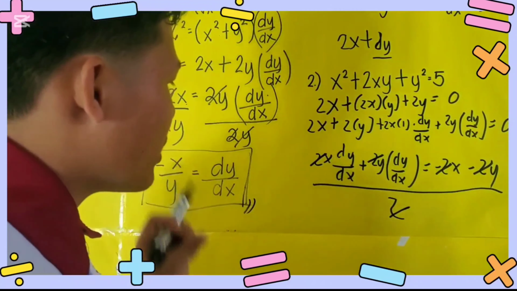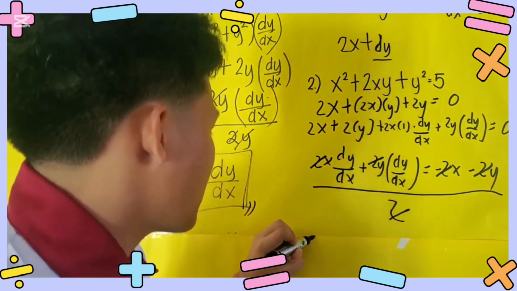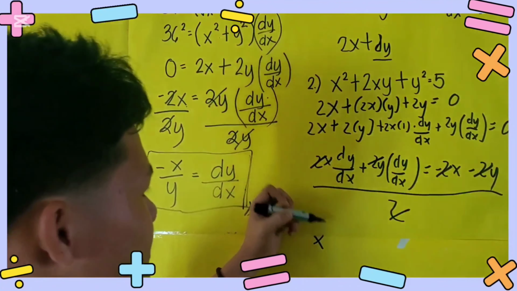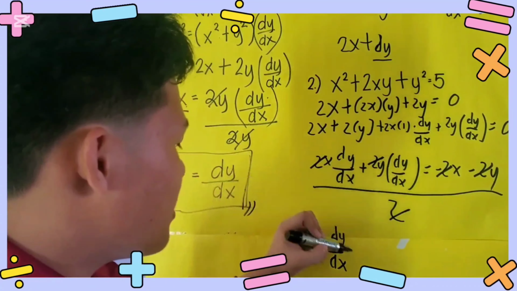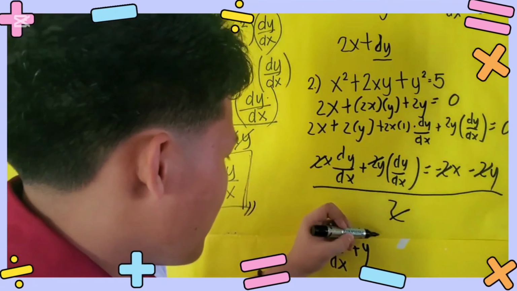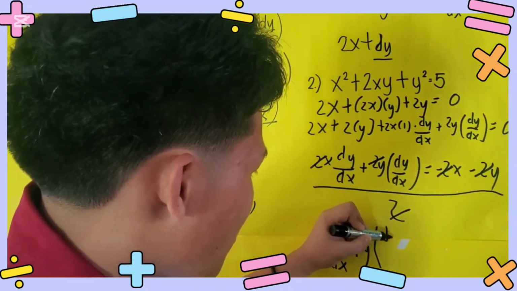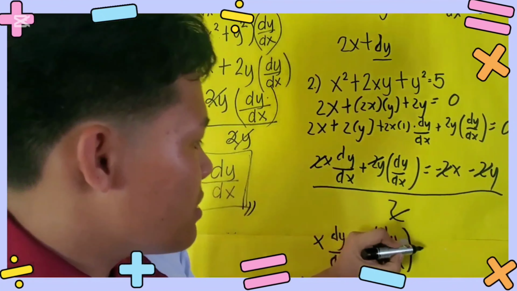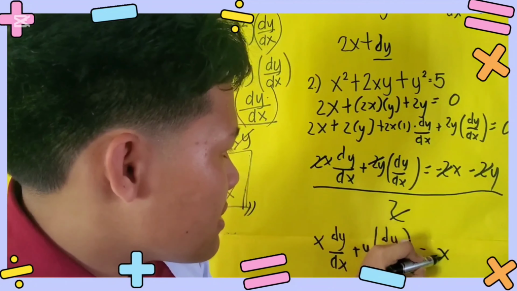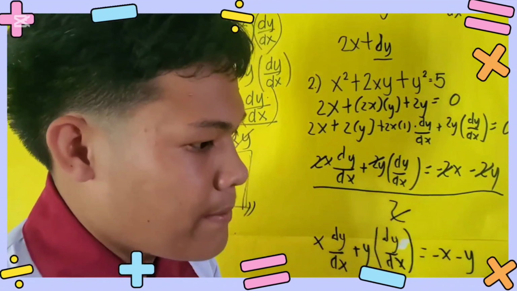We would be left with x times dy over dx plus y multiplied by dy over dx equals negative x and negative y.